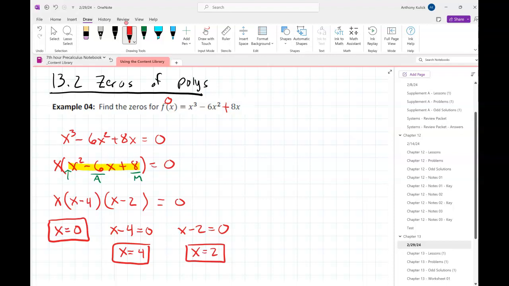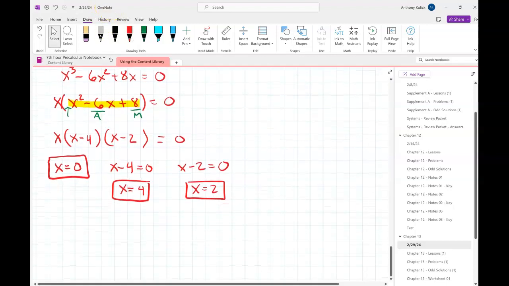Now, remind me, according to that theorem we quoted earlier, how many zeros could this problem have had? At most 3. How many did I end up with? Exactly 3, right? 0, 4, and 2. Everybody's cool? Let's see an example where we get less than 3 zeros.